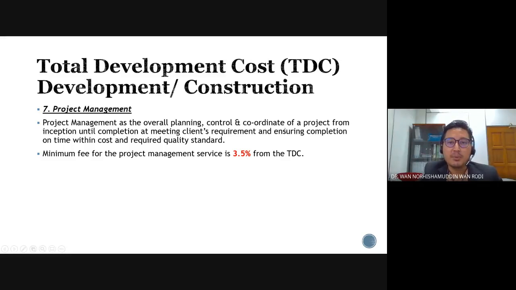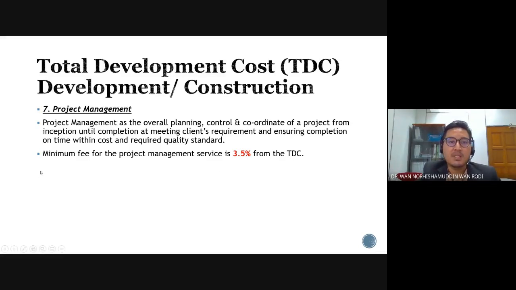They have to meet the client requirement and ensure completion on time. It is a very crucial task on the project management part, whereby they need to ensure the project runs smoothly without any problems and also achieves the expected quality standard.